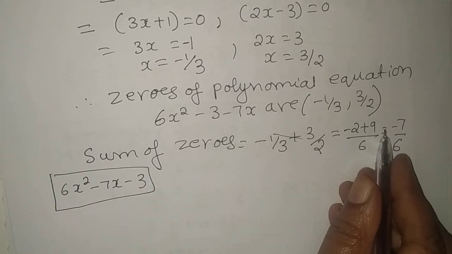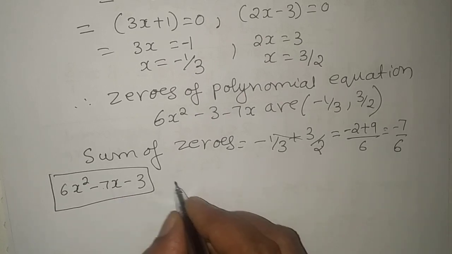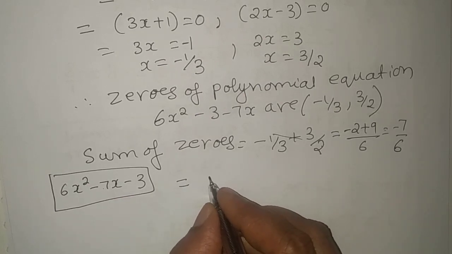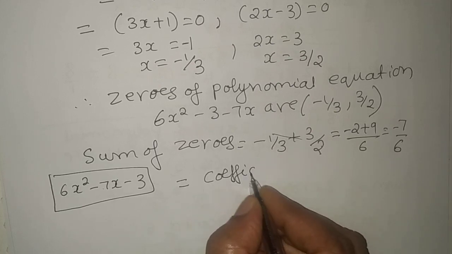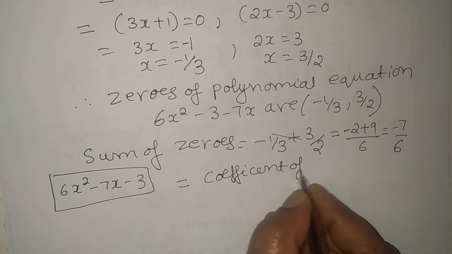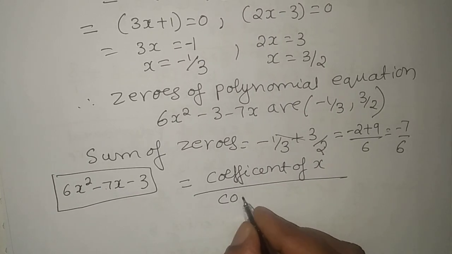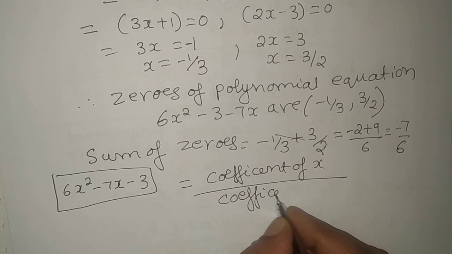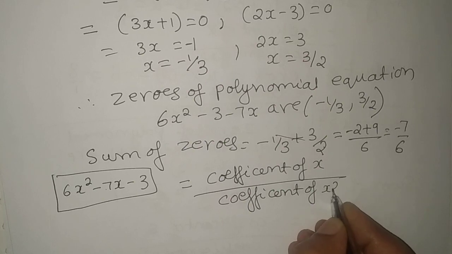We have got the result as minus 7 by 6. So where is 7, minus is there, therefore minus coefficient of x by coefficient of x square, where it is 6x square.